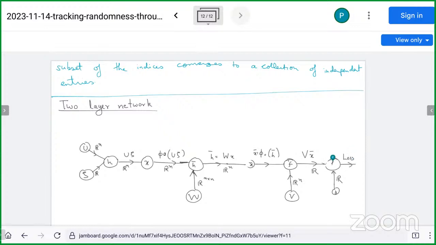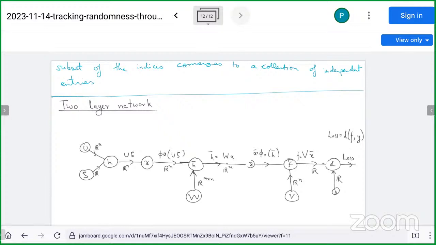So whatever the loss is, it is a function of the output of the F node and Y. The only big change that happened is that now there is this W matrix, which is converting one big vector to a vector. So far this did not happen.